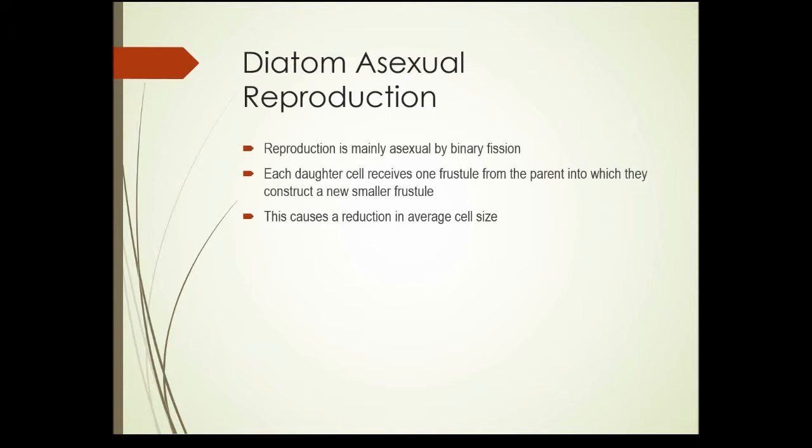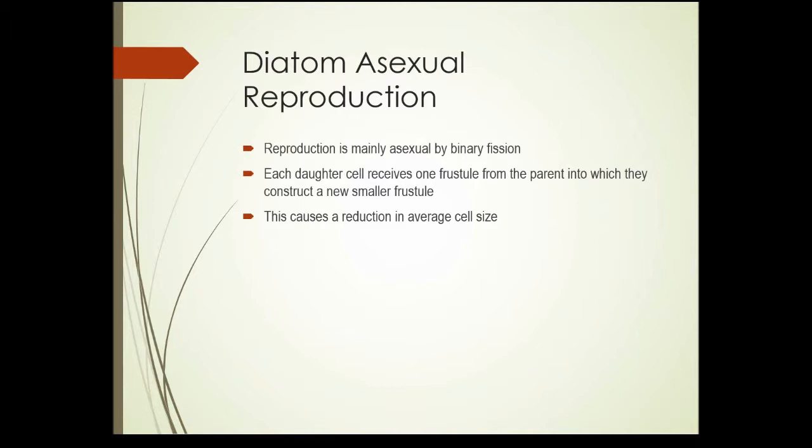Binary fission is when a cell splits into 2 and you end up with 2 new cells. The same thing happens with diatoms. Each daughter cell receives 1/2 of the frustule from the parent, and then they construct a new smaller frustule that fits into the half that they received.